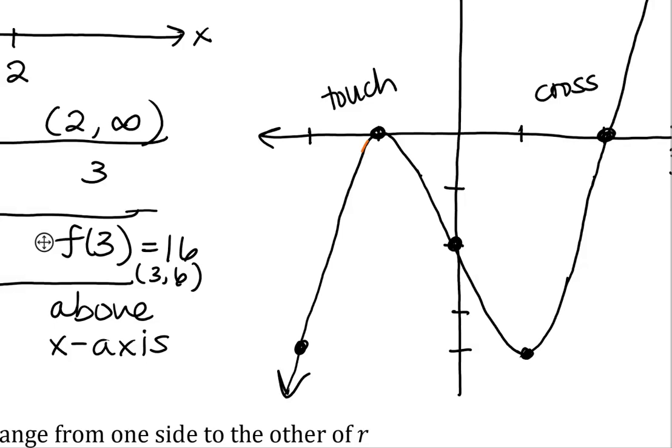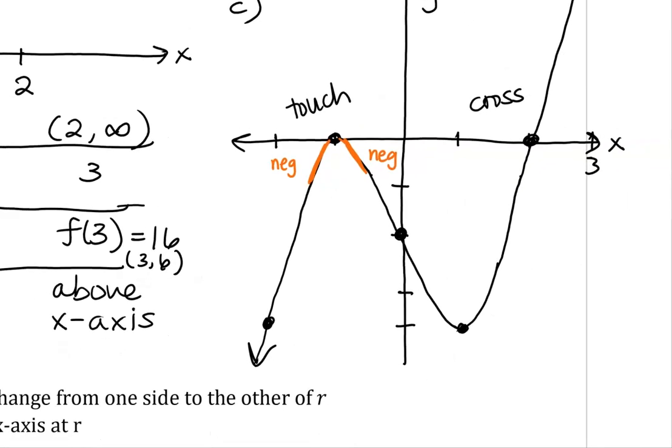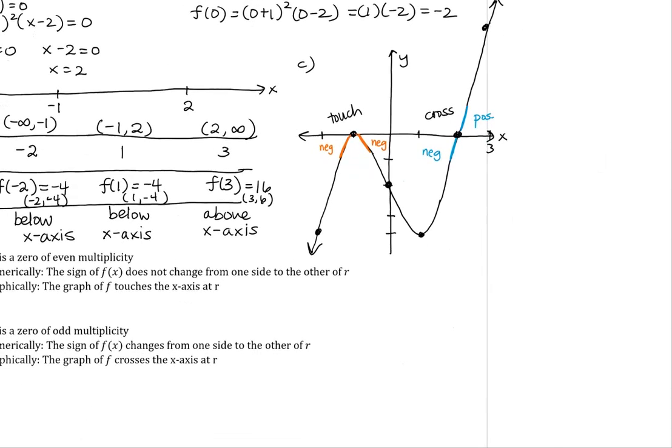So what do I mean? I mean that on the left side of this zero, the function was negative, and then again on the right side of this zero, the function was negative. But alternatively, if we had an odd multiplicity zero, notice here on the left side, the function was negative, but then on the right side, the function value is now positive.